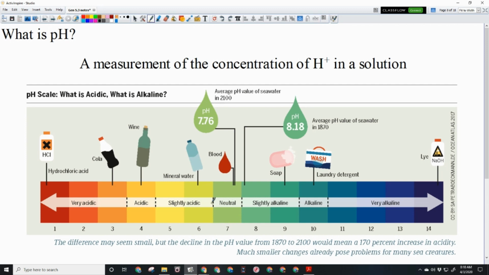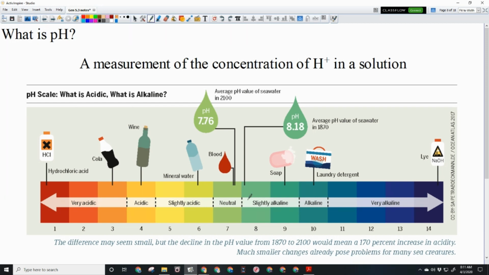And then as you migrate either to the left or to the right, think about it as a number line. As you migrate from the 7 outward, you're getting stronger and stronger. So if 7 is neutral, then 6, which is right next to 7, is only going to be slightly acidic.